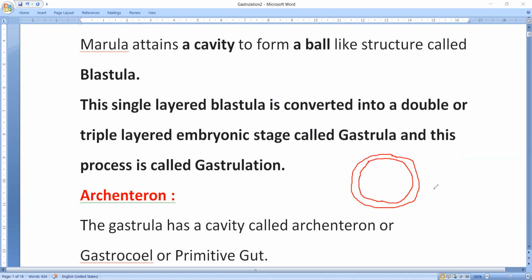So the blastula, due to invagination, this part is invaginated to form a shape like this.